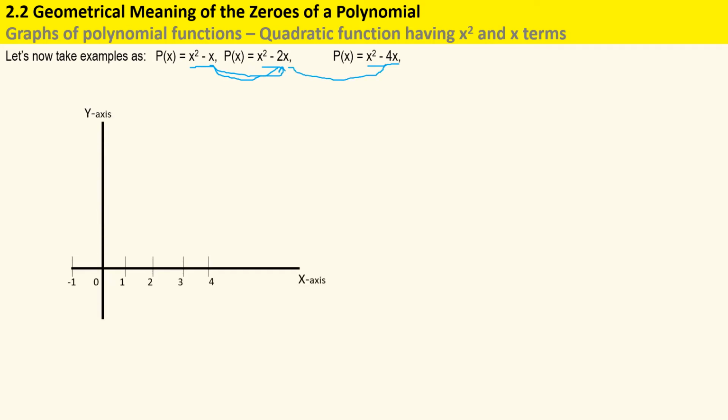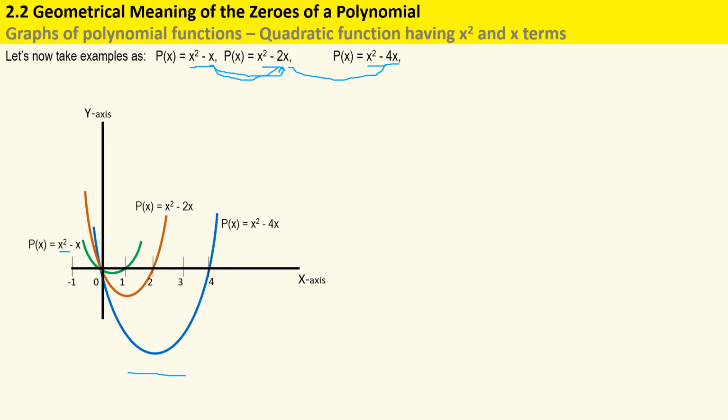And here are our axes, y-axis and x-axis. First, let's plot x² - x, which is a small parabola here, and then let's plot x² - 2x, and then we have our third plot x² - 4x. So here we see that as the absolute value of the negative coefficient is increasing, the graph is moving rightwards and it is also moving a bit downwards.